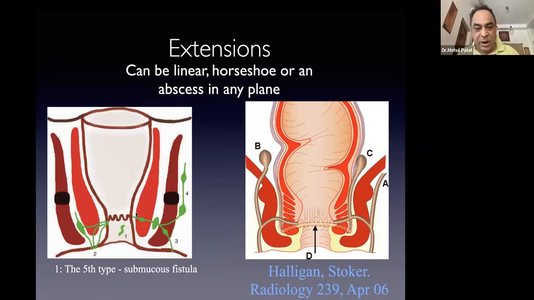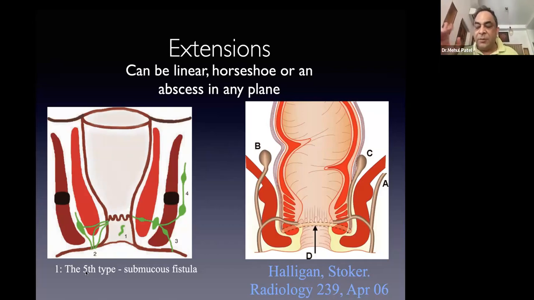So how does it do a horseshoe? From here, it goes in the intersphincteric plane, either across the front or the back. Now it reaches the other side, and then it can come down again as an extension. So that is why you get external openings on either side of the natal cleft, but with one anal gland inflammation.